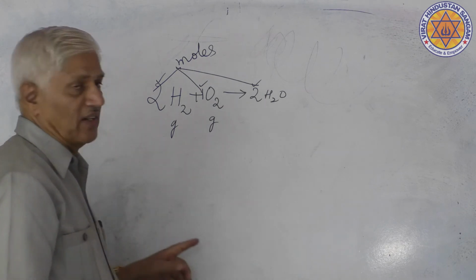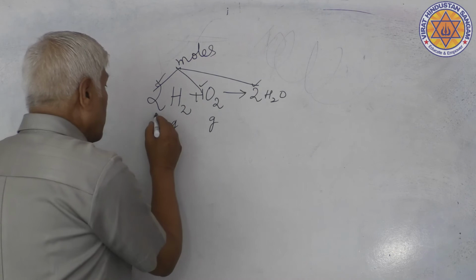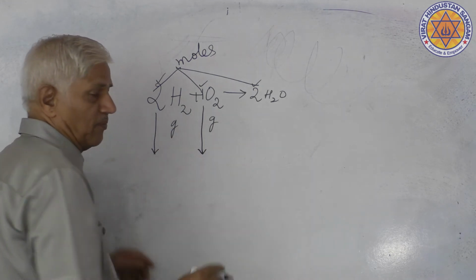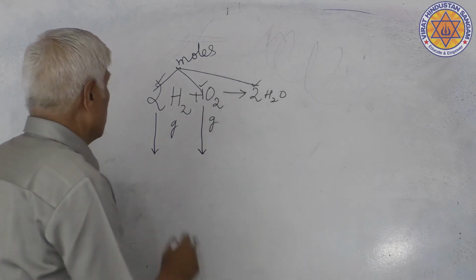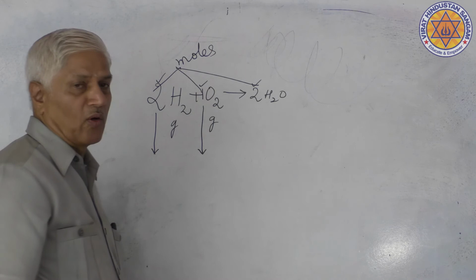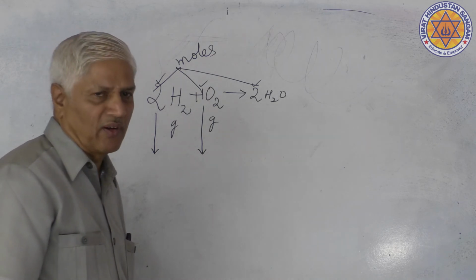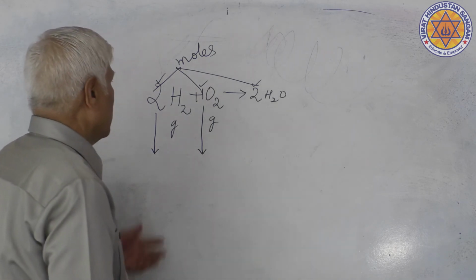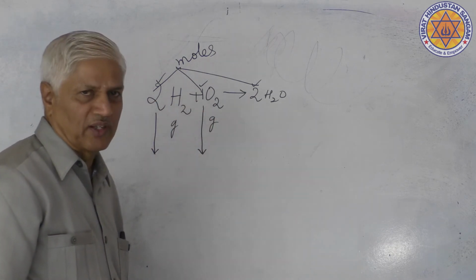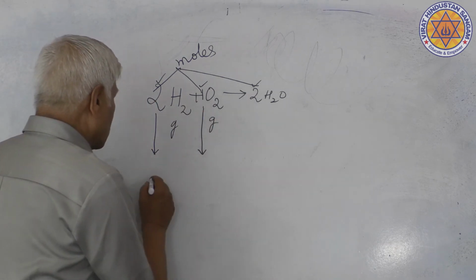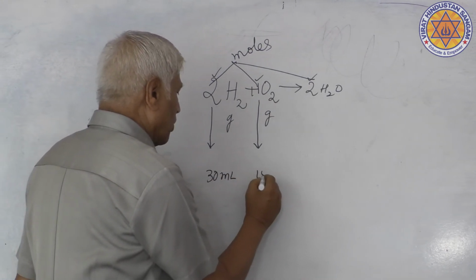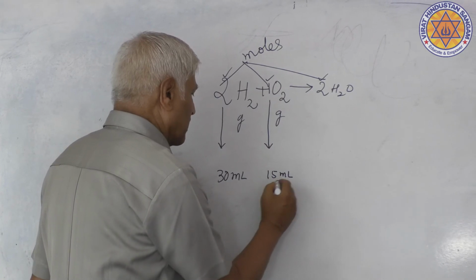For gases, they also indicate volume. Also, they indicate moles. They also indicate volume. 2 volumes of hydrogen require 1 volume of oxygen for complete reaction. If you take 2 liters, it is enough if you take 1 liter of oxygen. If you take 30 ml of hydrogen, you need to take only 15 ml of oxygen.